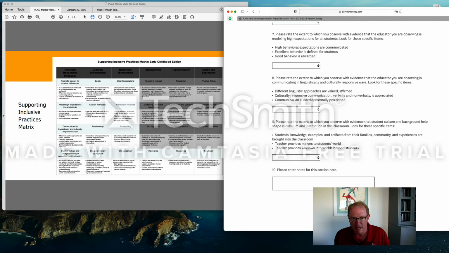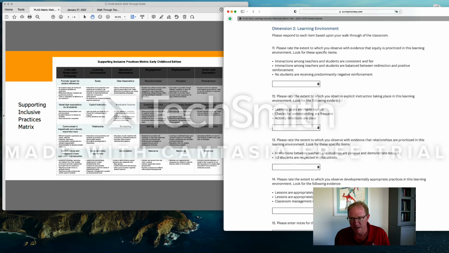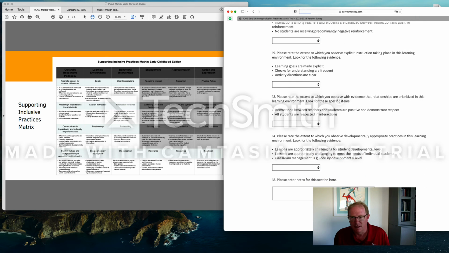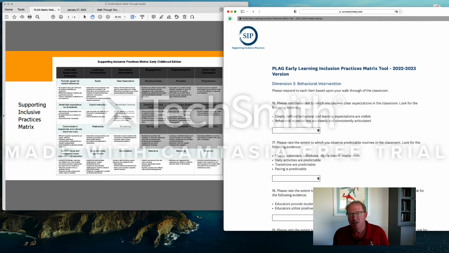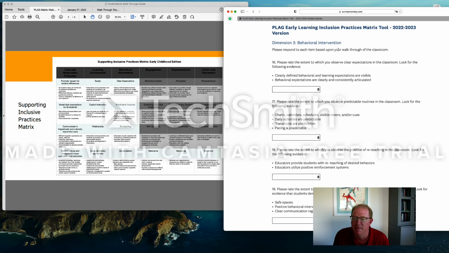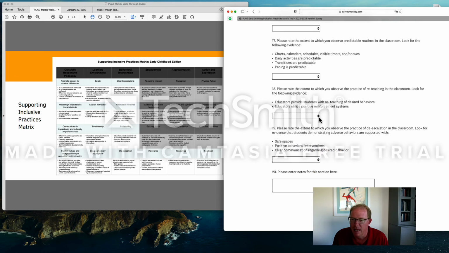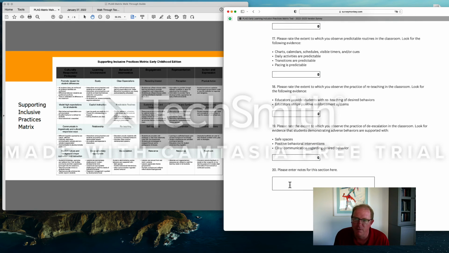And then you can look at the next domain, learning environment, same type of thing. The third one, behavior. So this really gives you an opportunity to connect this matrix with a tool to say, am I seeing these things in a classroom? And you can put some notes down here for your own information to help you as you think about this.